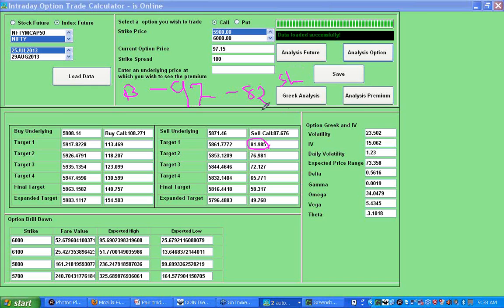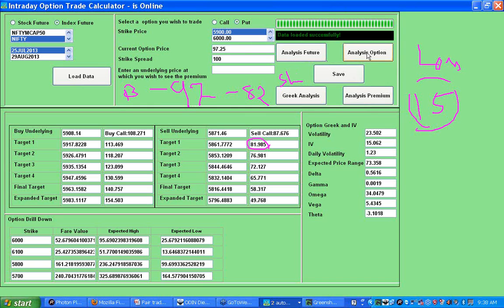If I lose in this trade, how many points do I lose? 15 points I can lose if it is going against me. So once it goes against me, I am going to lose this. Now let me see the put option.